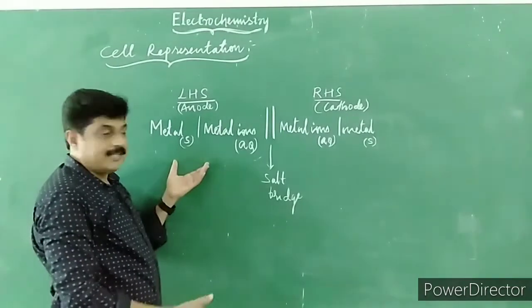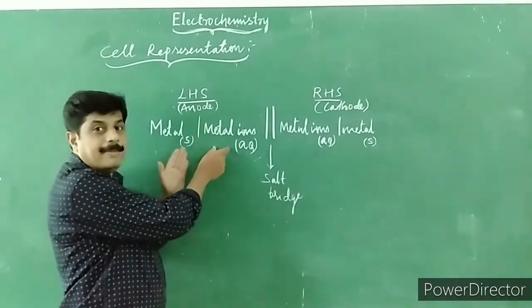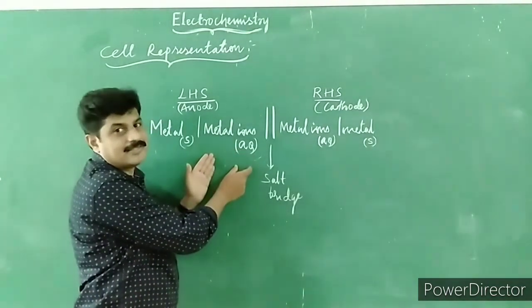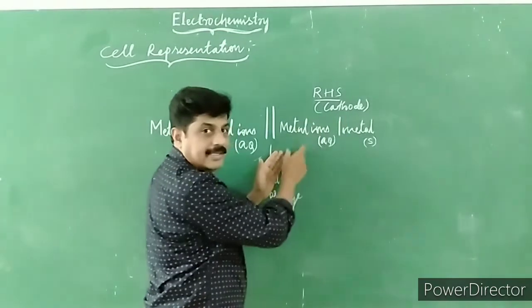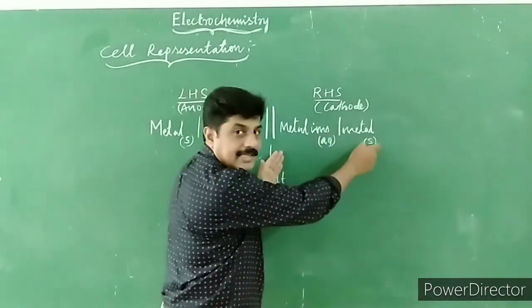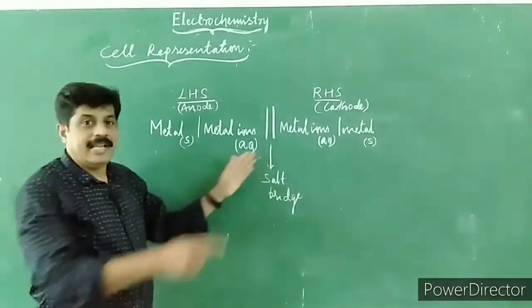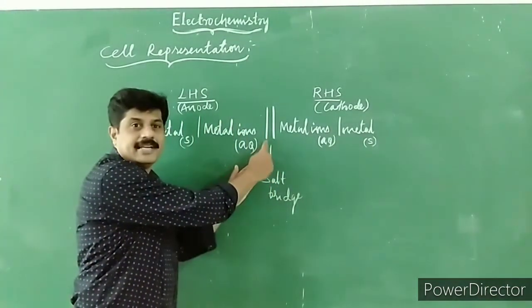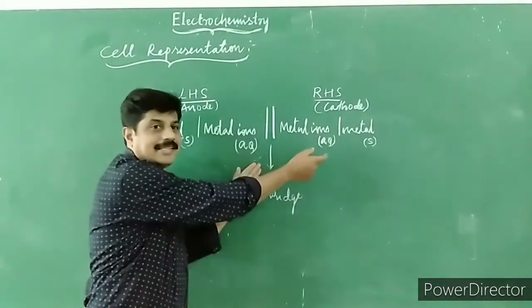On the anode side, metal in solid phase is written first, followed by metal ions in aqueous solution. And on the cathode side, metal ions in aqueous solution are written first, followed by metal in solid phase. Children, a salt bridge is represented by writing a double line between the anode and cathode.